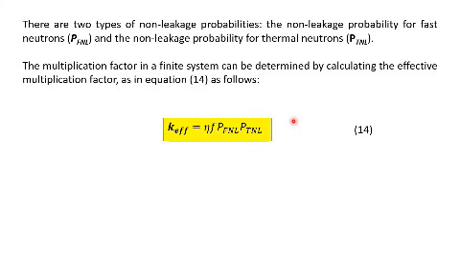You can see in equation 14. This K effective, or effective multiplication factor, is eta F times the non-leakage probability for fast neutrons and the non-leakage probability for thermal neutrons.